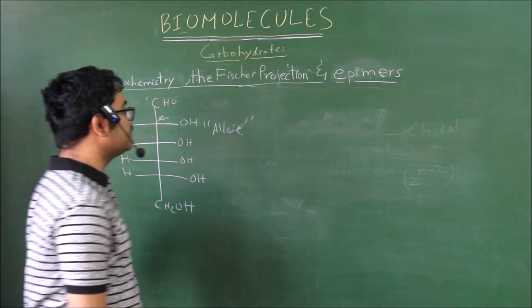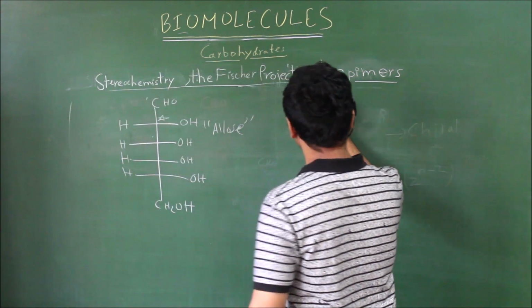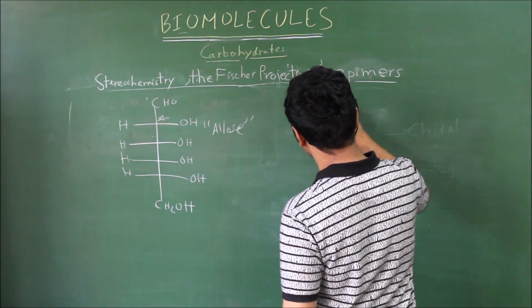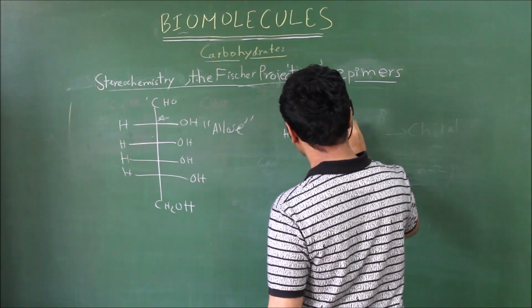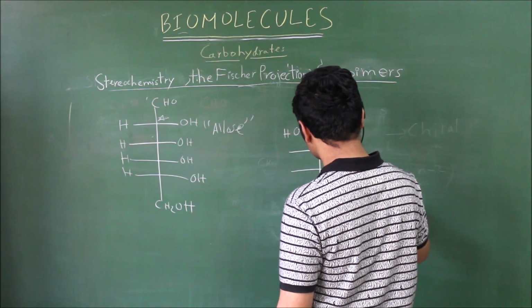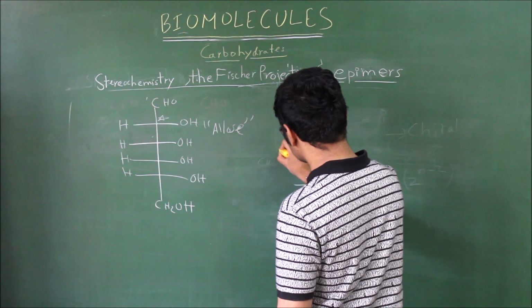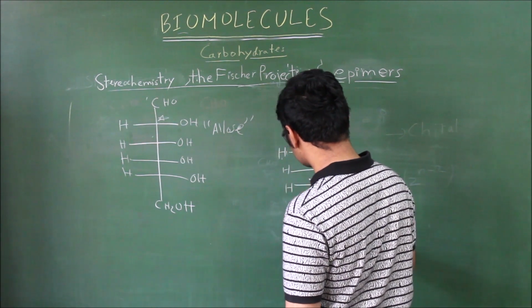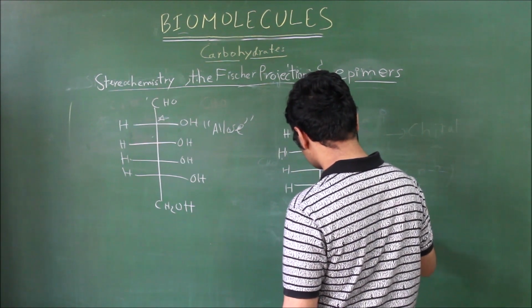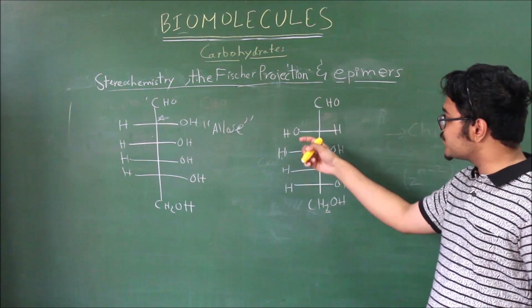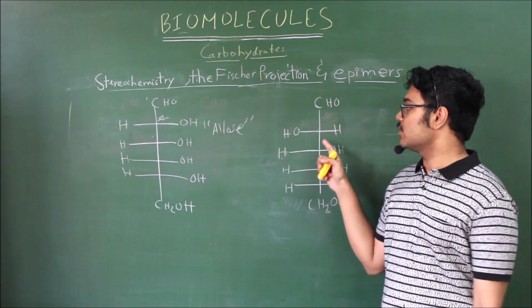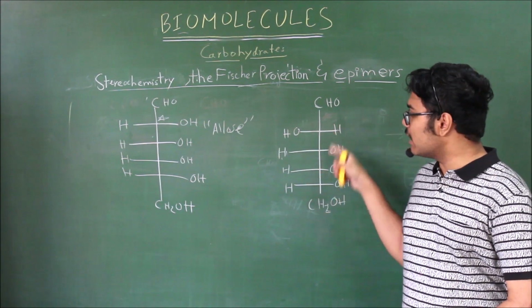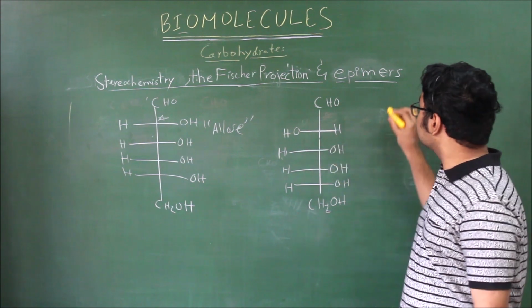This specific kind of diastereomer, say something like this, is the kind of diastereomer where we've flipped only one of these configurations. The configuration at only one particular point. That is known as an epimer.